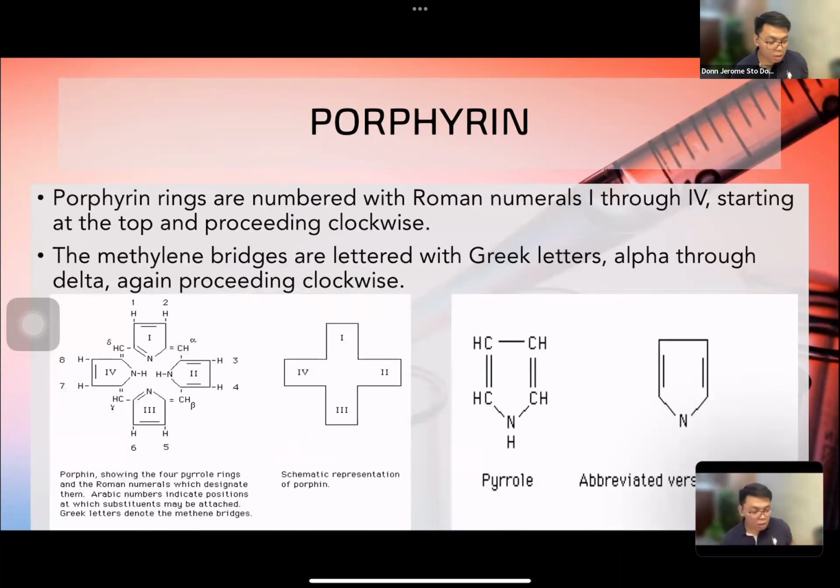So how do we number the 4 pyrrole rings of the porphyrin? We can use Roman numerals 1 to 4, starting from the top, proceeding in a clockwise manner.